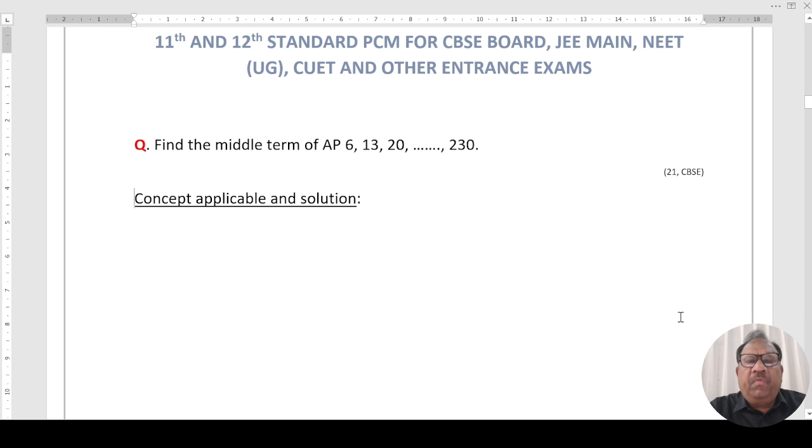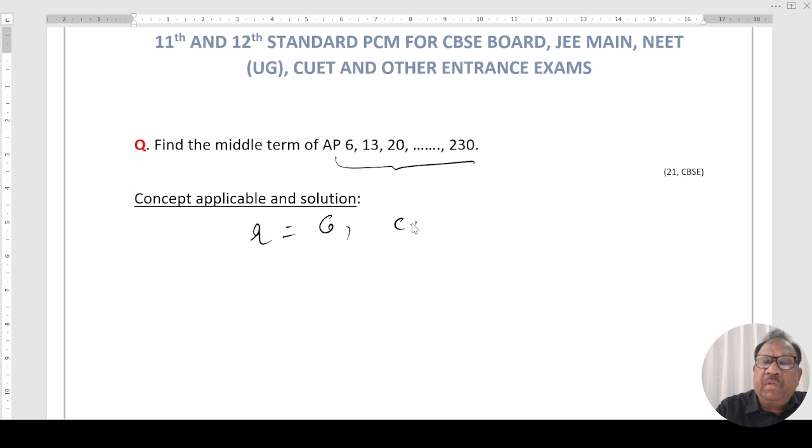Question is, find the middle term of AP 6, 13, 20 up to 230. To find the middle term, we should know the number of terms. According to the given series, first term is 6, common difference d is 13 minus 6, 7. Last term an is 230.